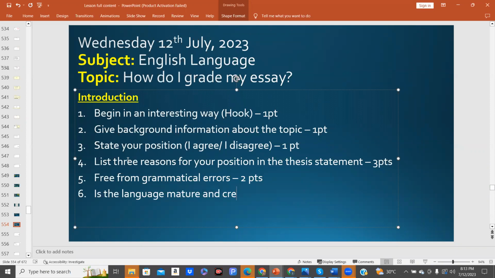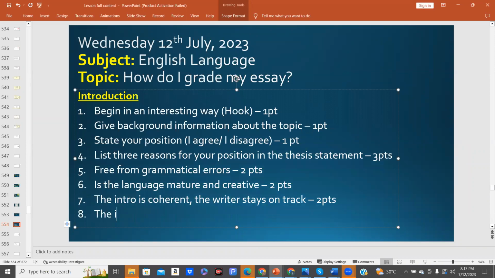If your language is mature and creative, how many points do you think you get for that? 2 points. The next thing, the introduction is coherent, which means that the writer stays on track. If you do that, how many points do you think you get? 2 points.